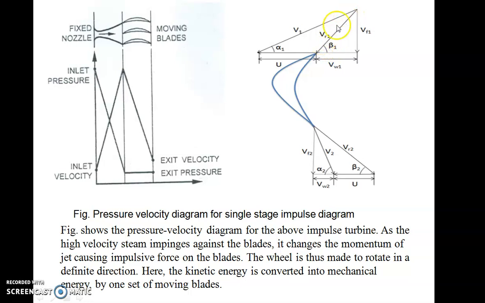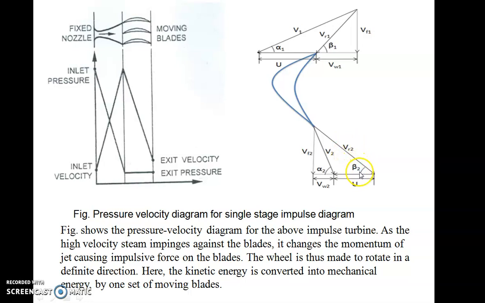So vr1 is nothing but the velocity tangentially entering into the moving turbine blade. So this is the shape of blade. vf1 is the axial velocity. Steam is entering in axial direction to the turbine, and then after leaving the turbine in the tangential direction, or tangent to this curvature, that direction is vr2.